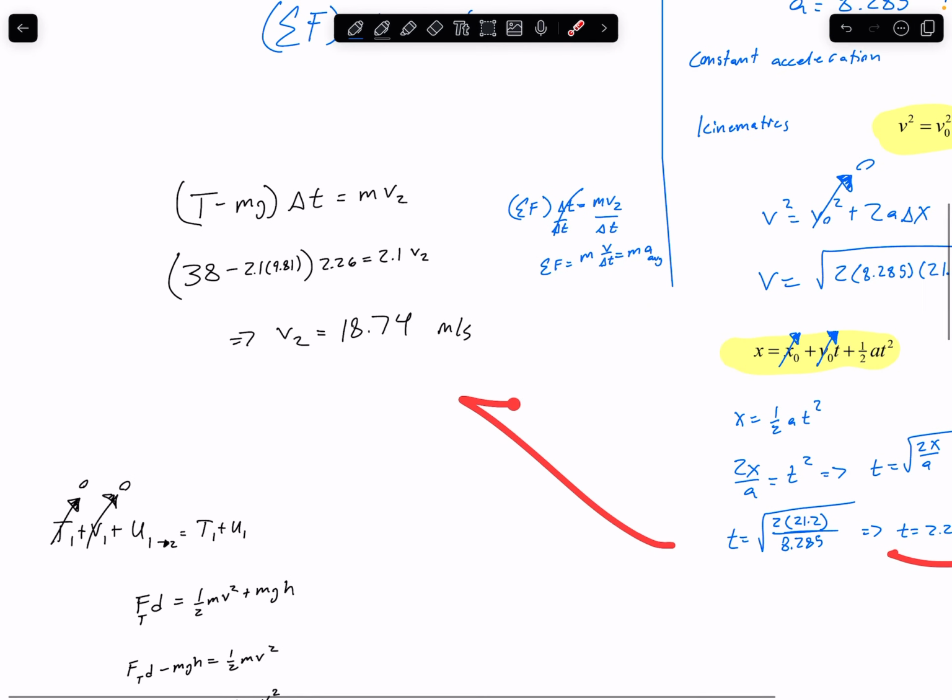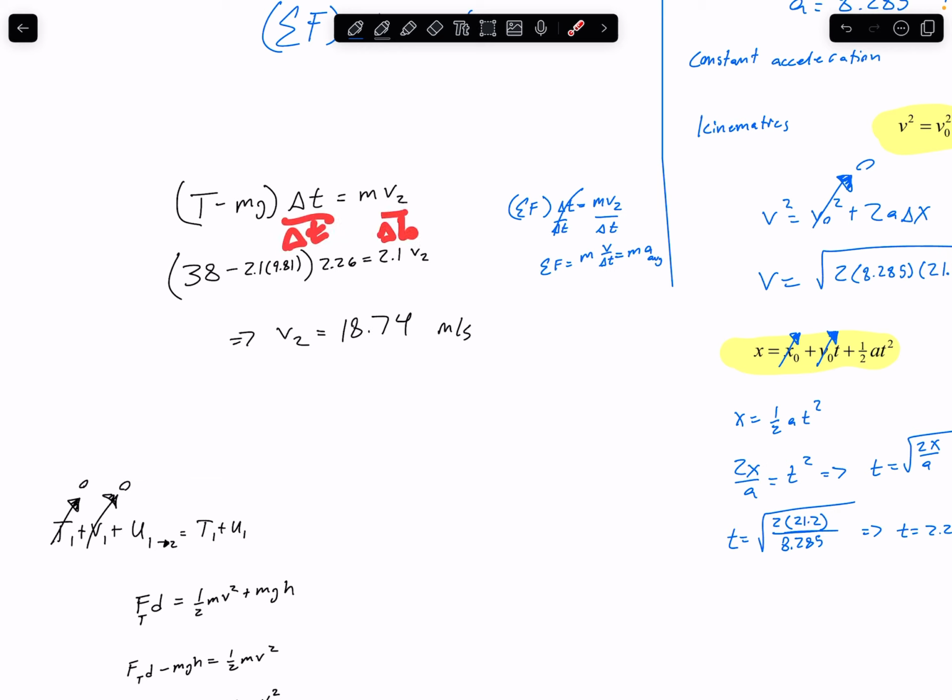Then if we go over here, sum of forces, T minus mg times delta t is equal to m v2. And what you could also do here is if you divide by delta t on both sides, you would get average acceleration, which is right there. And here, again, we know it's constant.